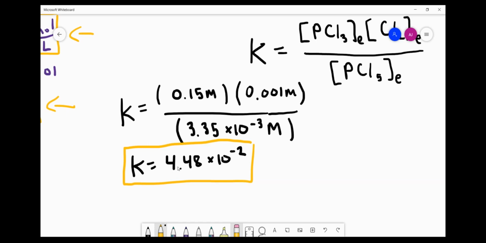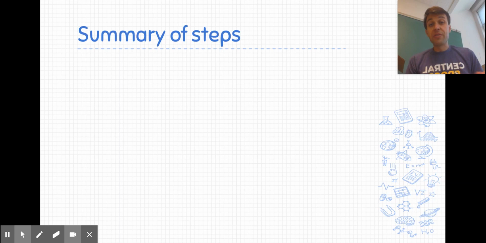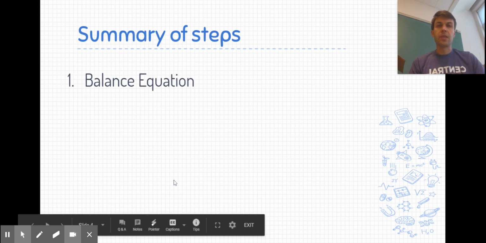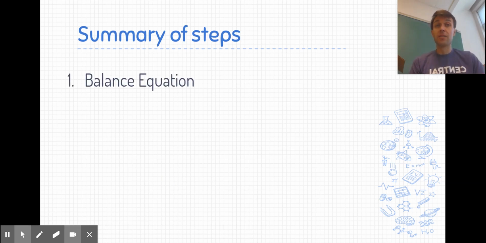Let's go back now and summarize the steps that we did in solving this problem. Now that we've solved the problem, let's summarize those steps that we went through. First, we checked to see if the equation was balanced, and if it wasn't, we ensured we balanced the equation.